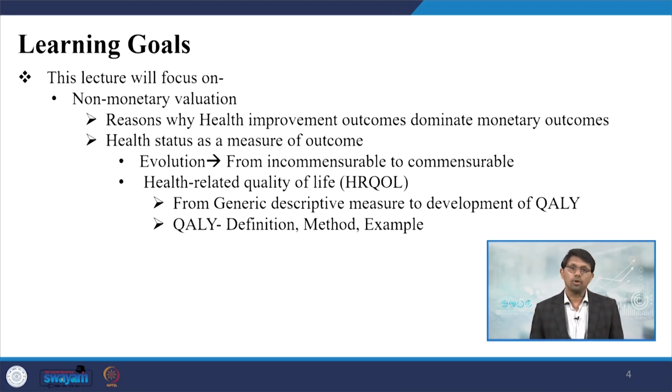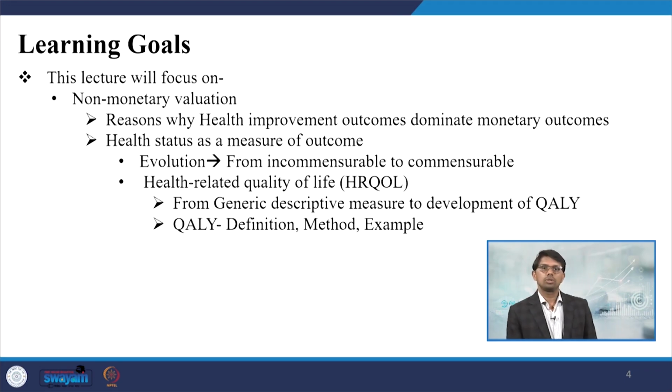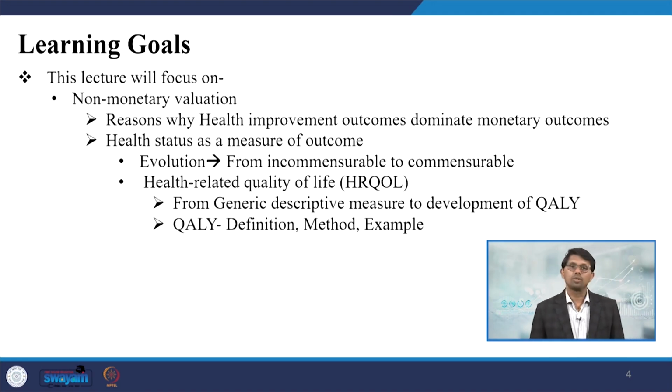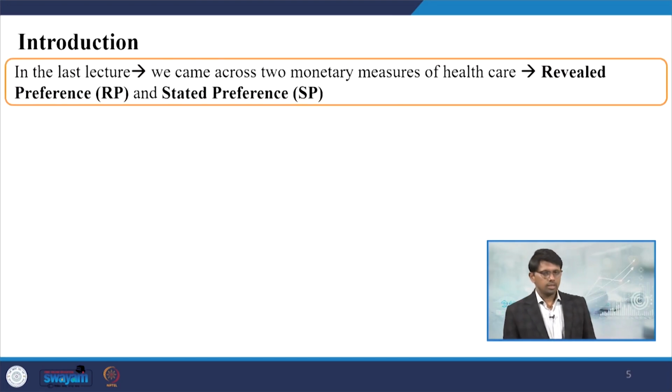So, health status as a measure of outcome we will also study, and their evolution from incommensurable to commensurable approaches, and then we will also discuss HRQOL, that is health related quality of life, where we will be discussing some generic description measures to development such as QALY, quality adjusted life year, and also in our context we will emphasize QALYs and their definition methods with the latest examples, including the standard questionnaires that are followed. So, let us go into the details.